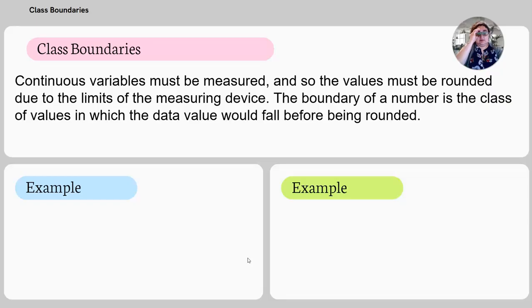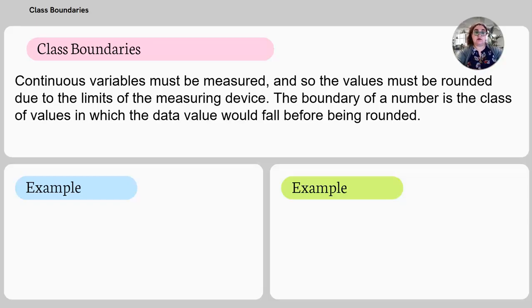Okay. Now, while you're collecting data dealing with continuous variables, you also have something called class boundaries. If I'm talking about the height of a person, in order to look at that data on a graph or a chart, it's going to be easier if we group those people into classes.